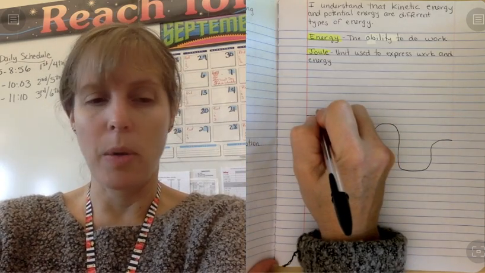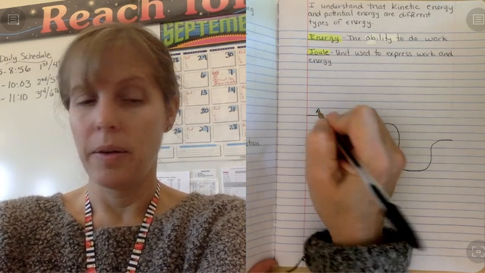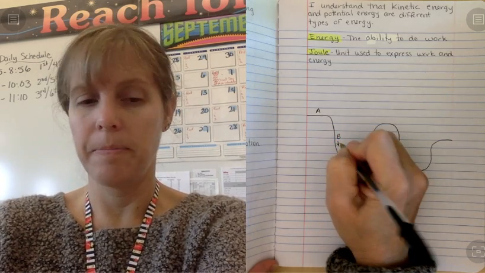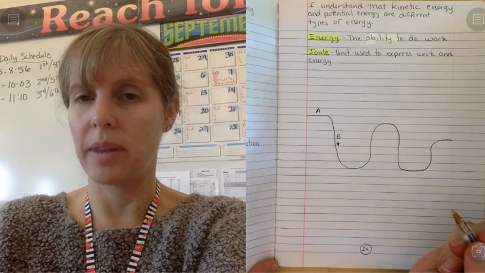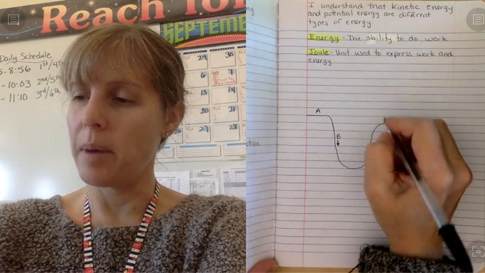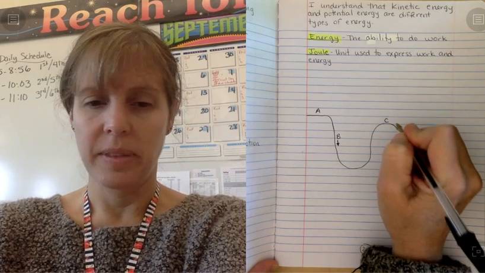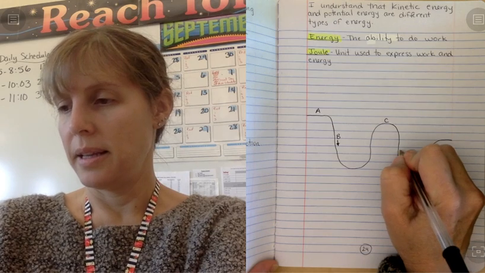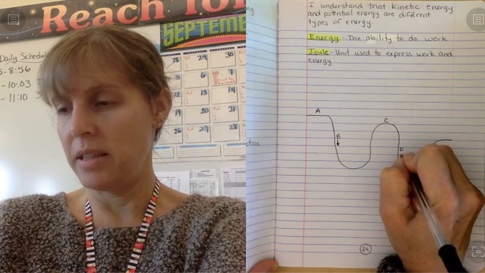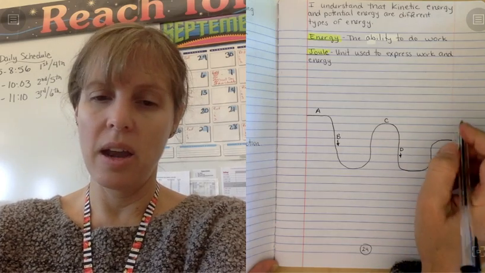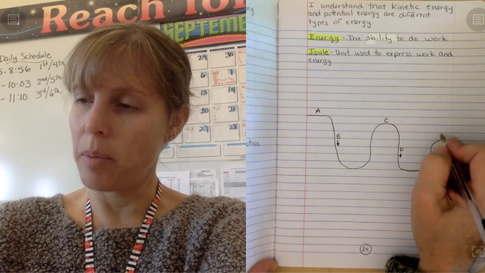So we're going to mark point A. We're going to mark B as moving. Okay, we use that with an arrow. It's moving. We're going to mark point C. And we're going to mark point D. And D is going to be moving. And we're going to mark point E.